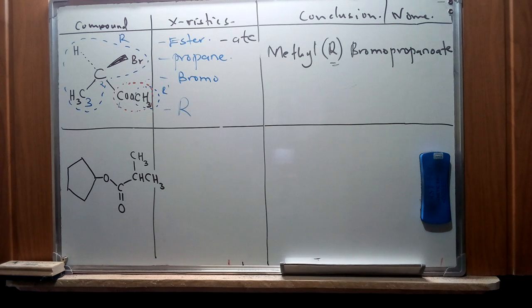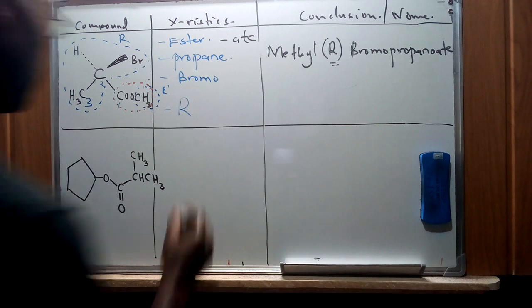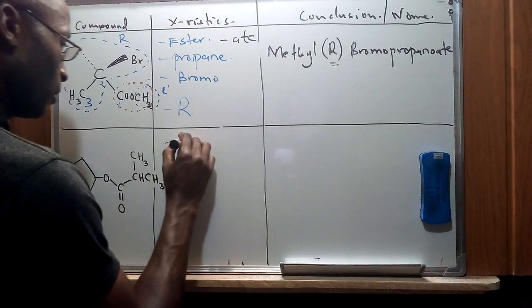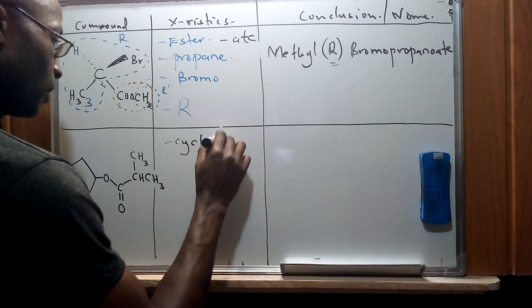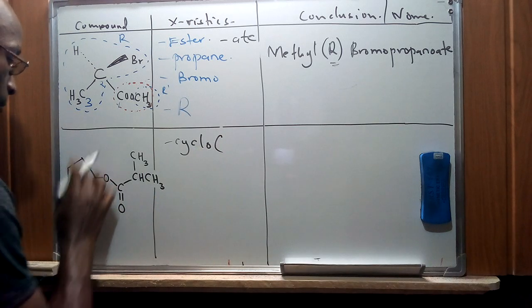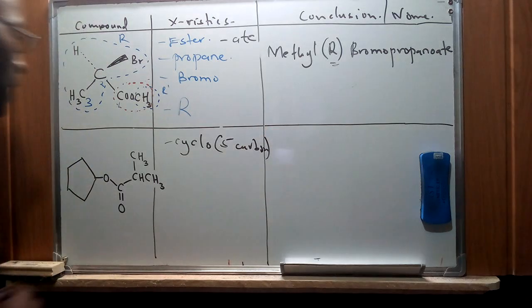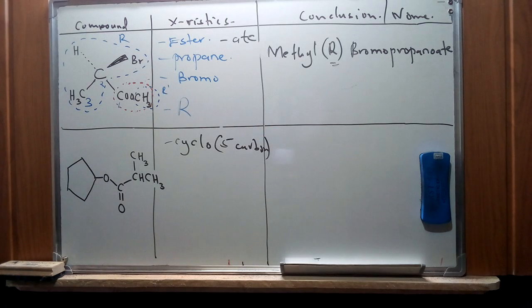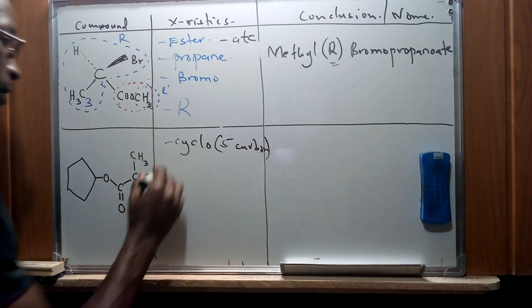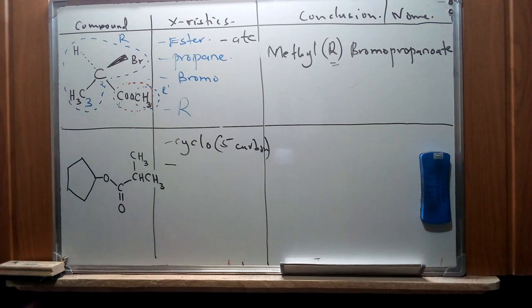For the second molecule, we can identify the characteristics. First, there's a cyclo, which is a 1, 2, 3, 4, 5 member carbon. That's a pentane, so as a substituent, it's going to be a pentyl.